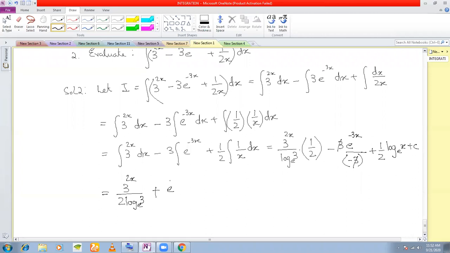So you get plus e to the power of minus 3x plus half log x, natural log of x, plus c, where c is the constant of integration.